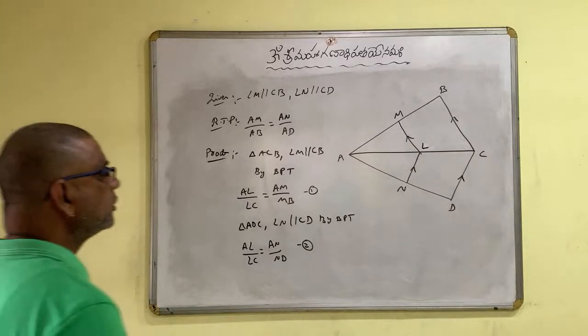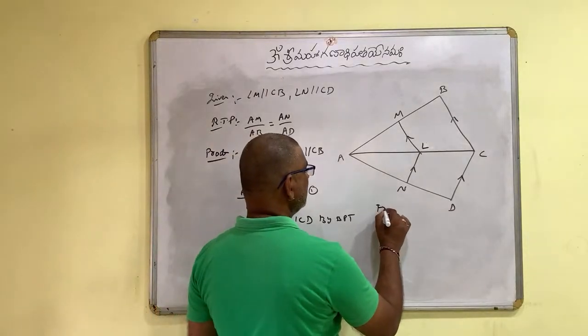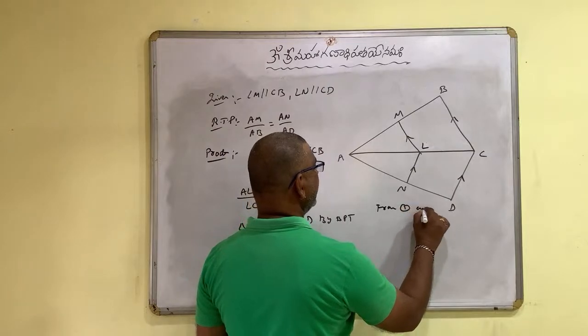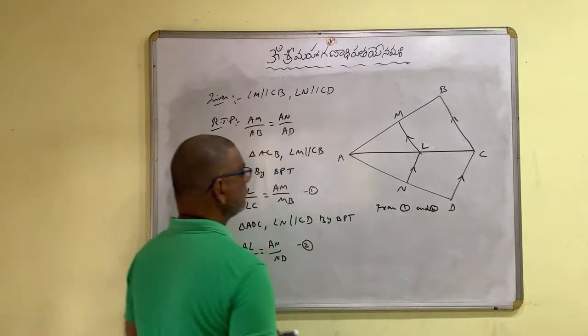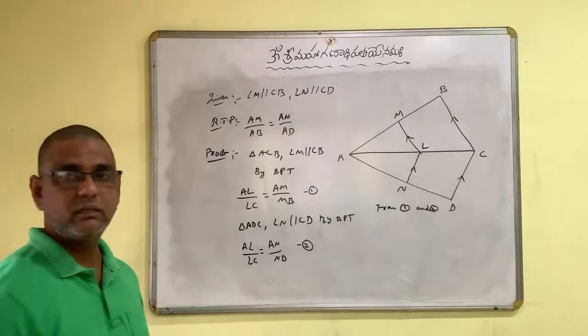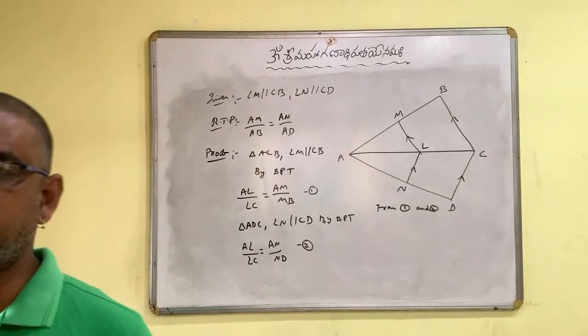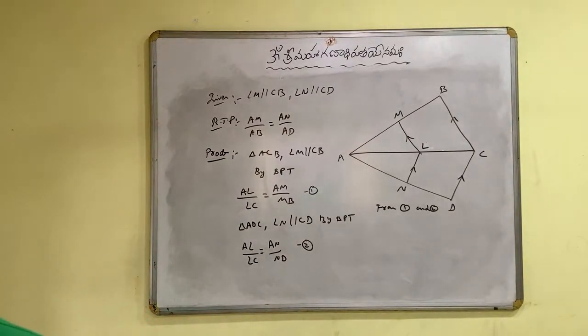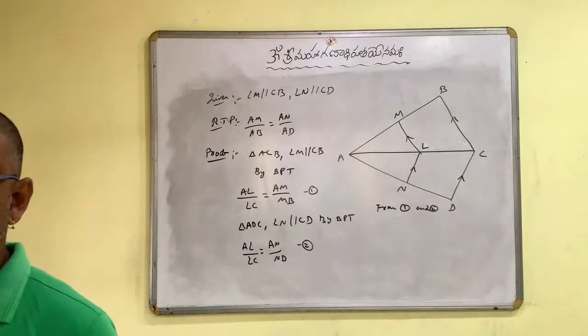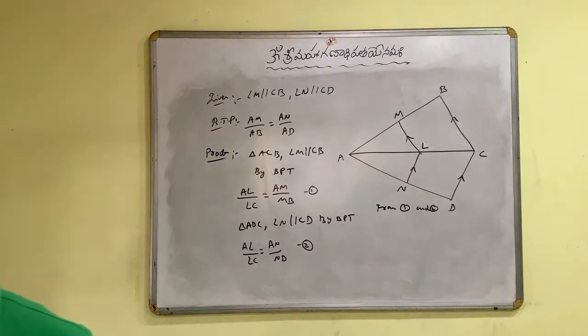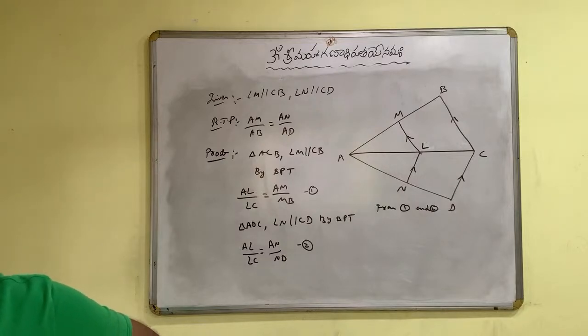Now from 1 and 2, what we can write, children? See the equation 1. AL by LC is equal to AM by MB. Equation 2. AL by LC is equal to AN by ND. So from these two what we can write?